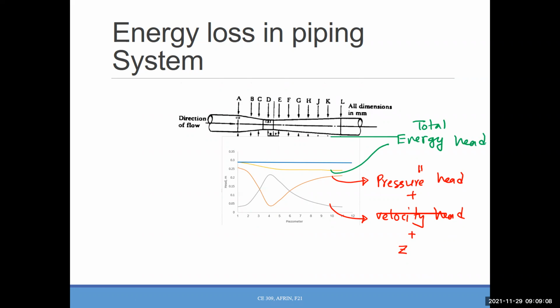and we finally found the total energy head, right? Now, we said that at any point the energy should be the same, but that's not what we are seeing here. The energy is not the same, it's declining with length, right? That means the more length the flow is traveling, the more loss the system is getting.